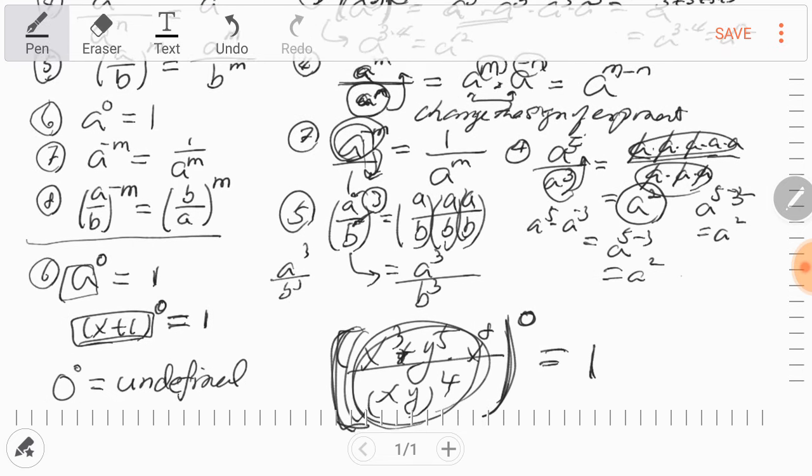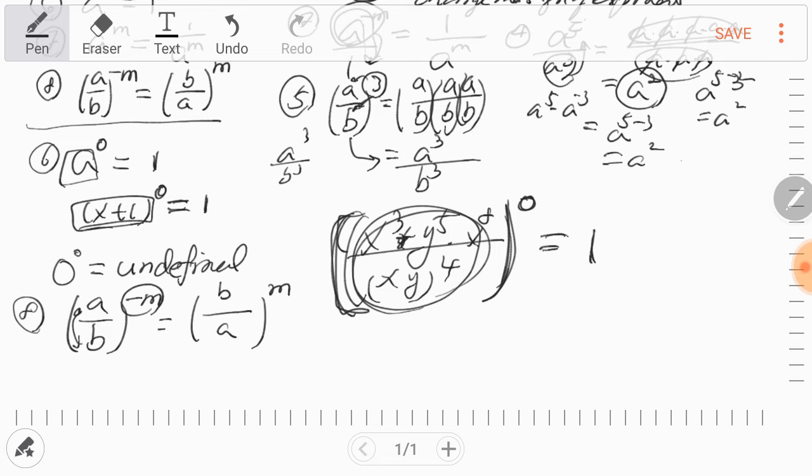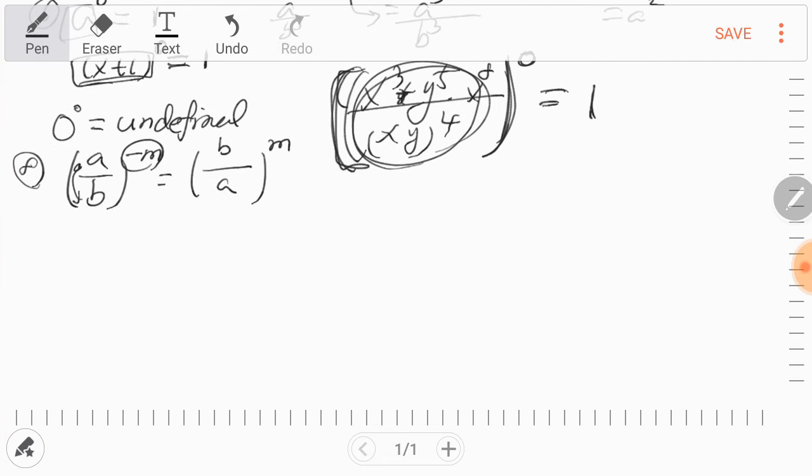Okay, and the last one is number 8. The base is a fraction, but the exponent is negative. Then we can change the sign of the exponent, and we make the reciprocal of the base, so b over a. Let's prove why we got this.